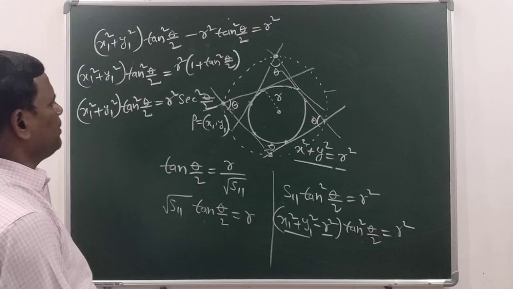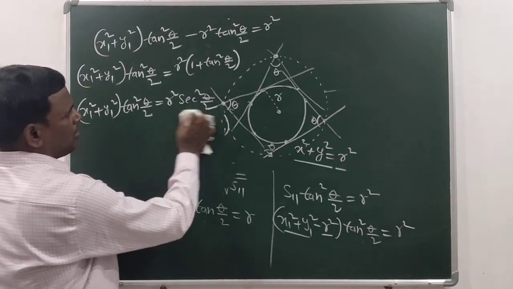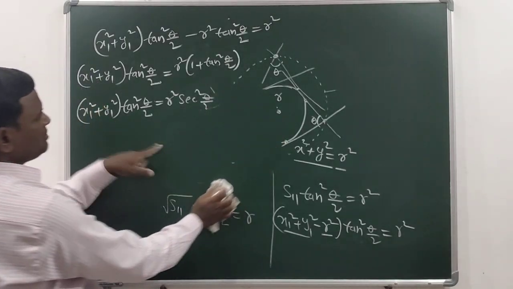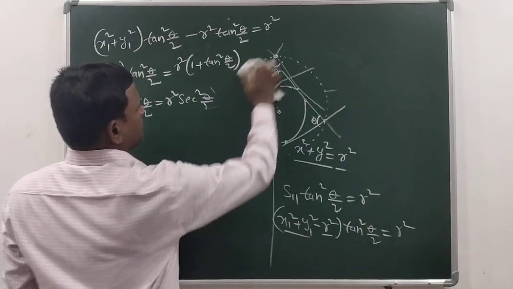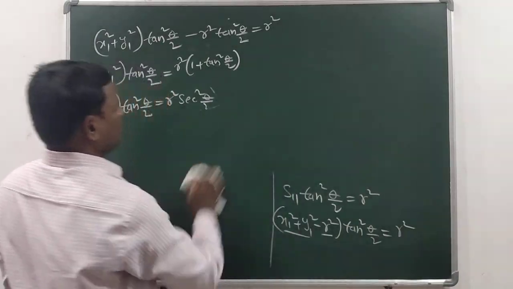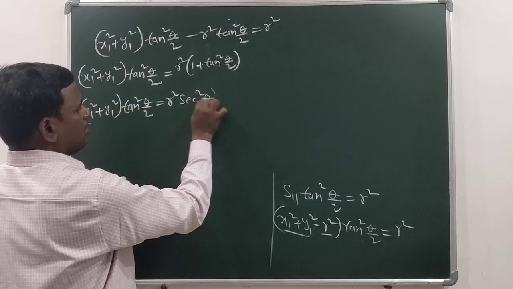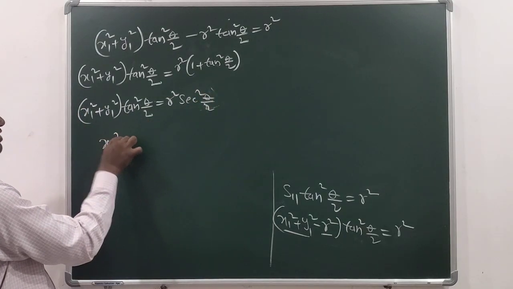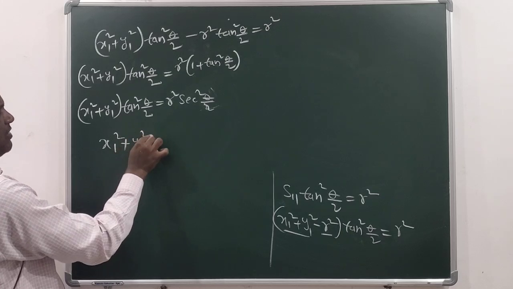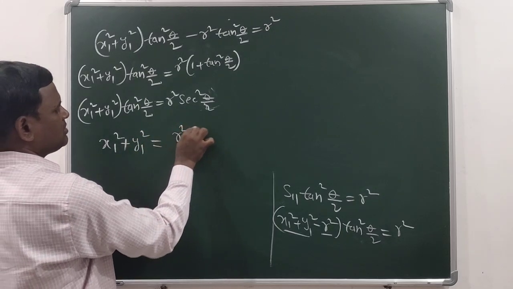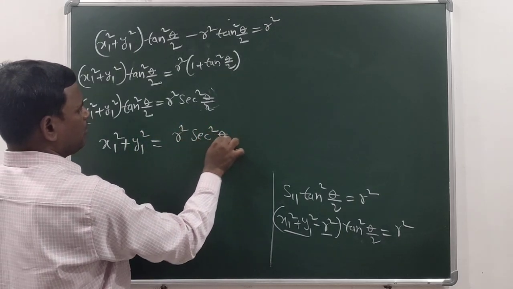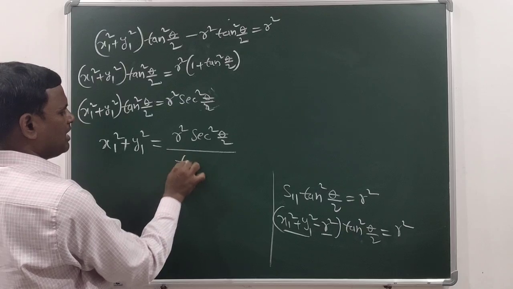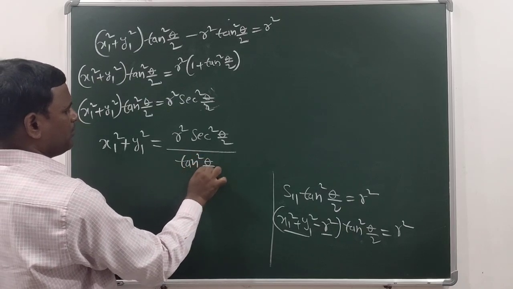So in the next step, transfer this tan square theta by 2 to the right side so that you will get x1 square plus y1 square, which is equivalent to r square into secant square theta by 2 whole by tan square theta by 2.